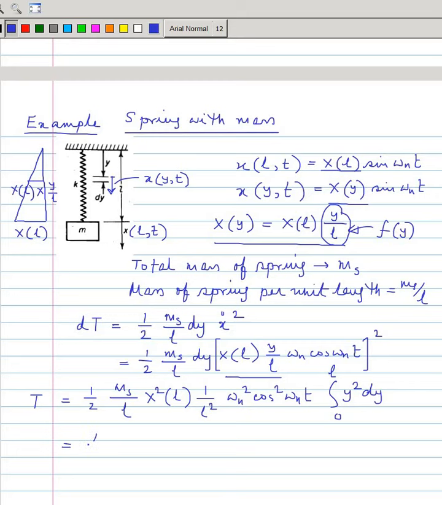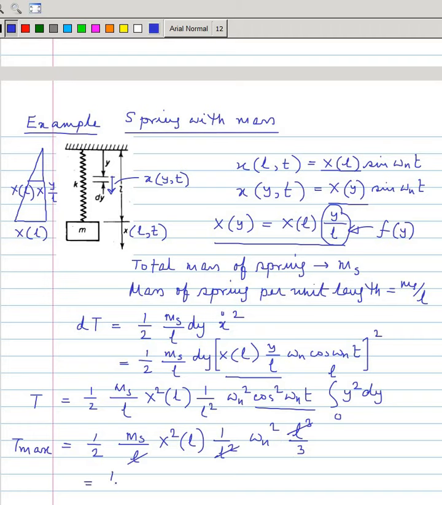So this is half m_s by L, x_L squared, and if you take T max, then this cos squared portion goes to 1. So x_L squared, 1 by L squared, ωn squared, and from here L cubed by 3.